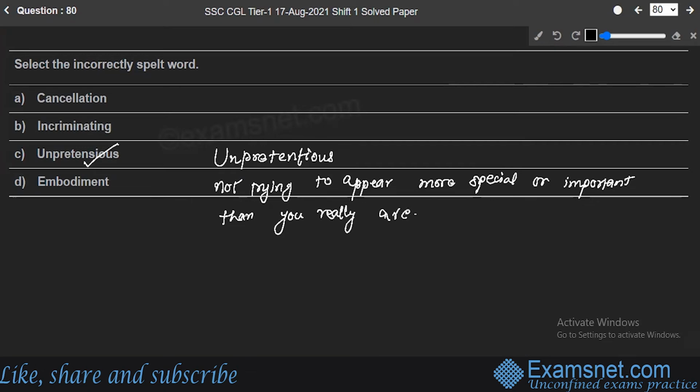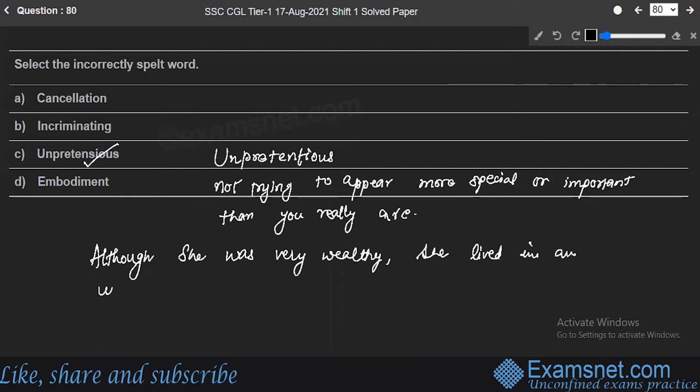Let's see an example: although she was very wealthy, she lived in an unpretentious house. That means she was not showing off, right? So I hope you're clear.